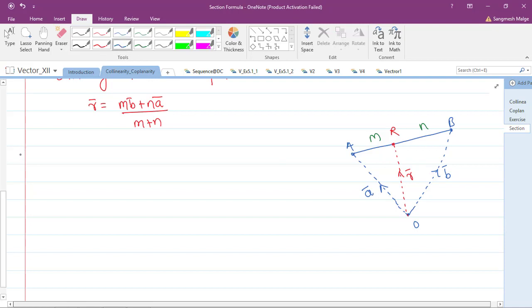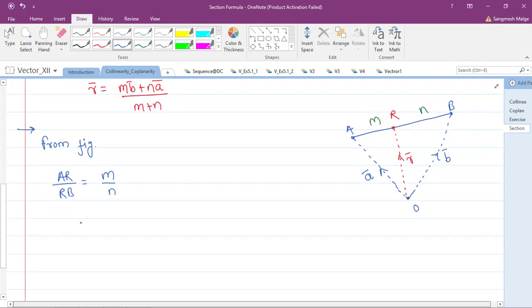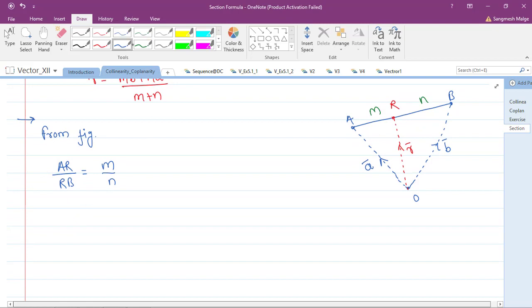So just making use of this formula, that is a figure. From the figure, what you can say is AR upon RB is equal to m by n. And if I make use of the vector notation, let's take this as AR bar and this is RB bar.